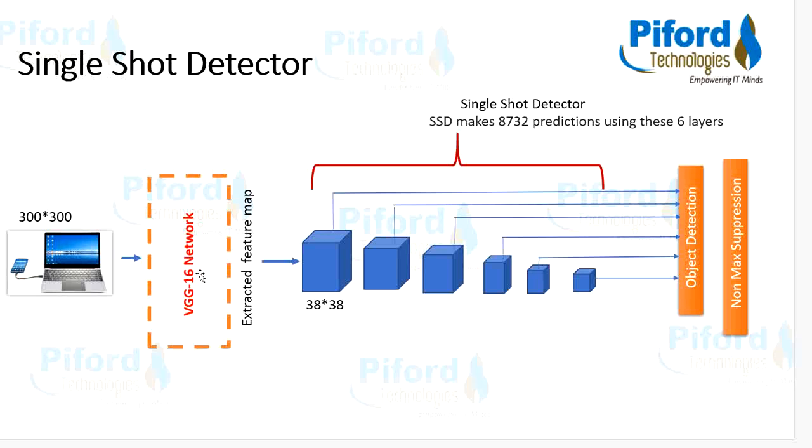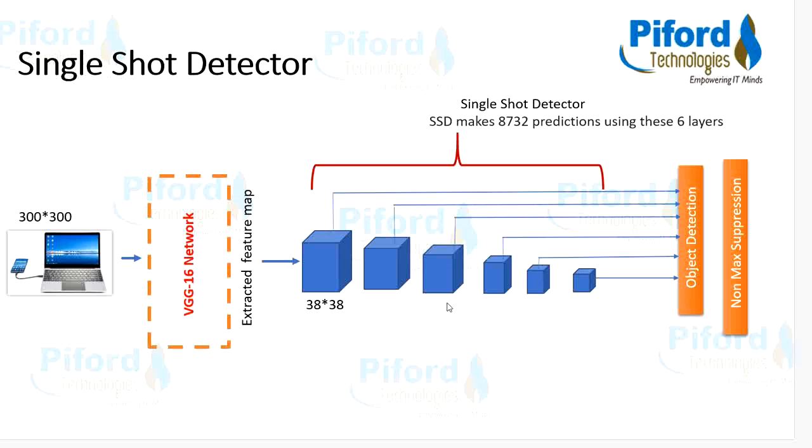These six layers are six convolutional layers which will perform the classification and object detection task, and SSD makes 8732 predictions for every single object.